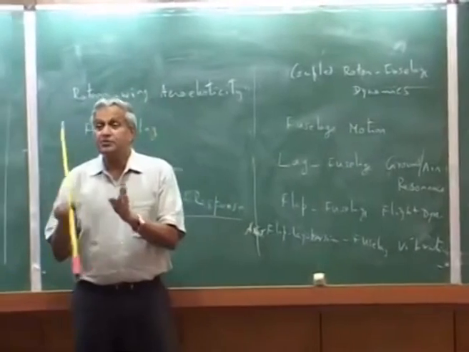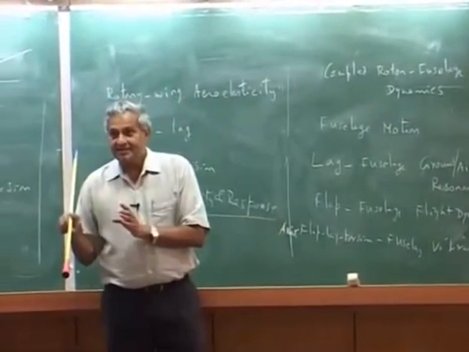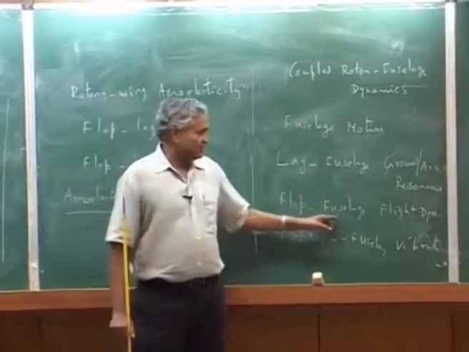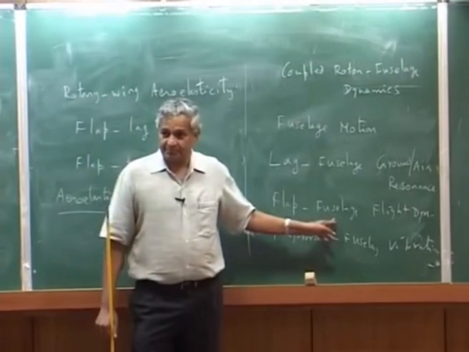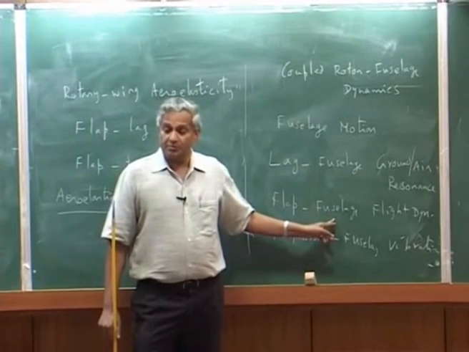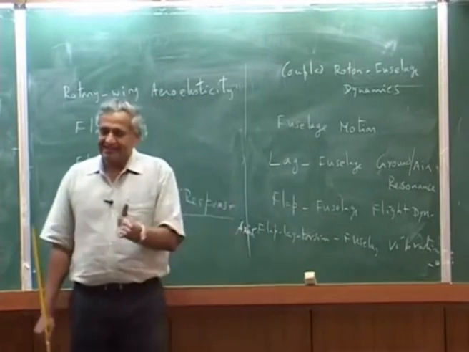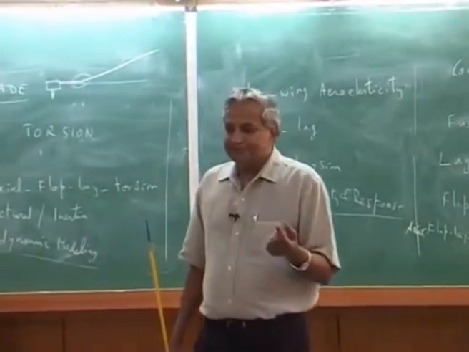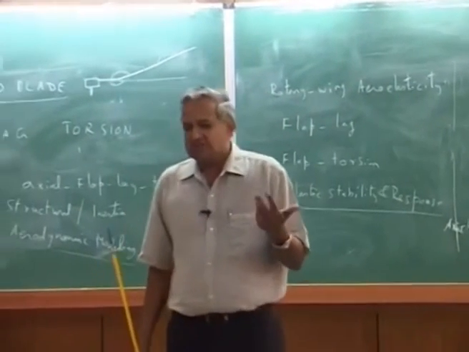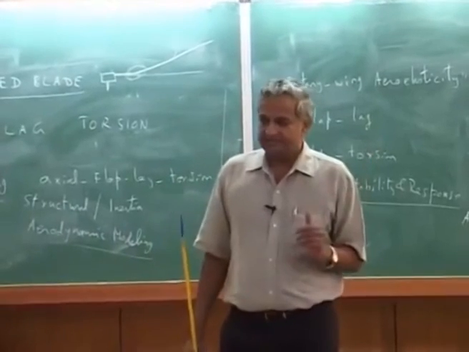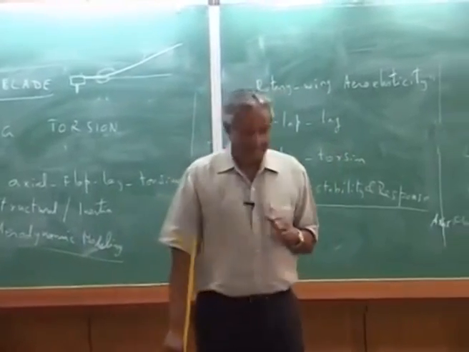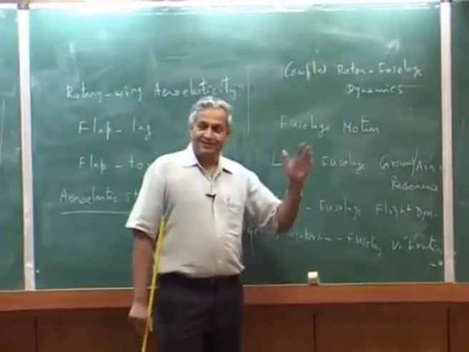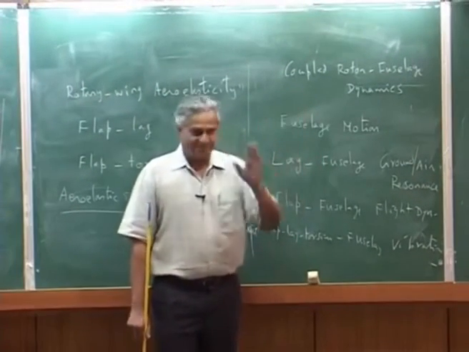Plus there is also one more. What is the frequency range you are interested in? Usually the rigid body dynamics frequency is low, in the sense it is less than 1, 2, or maybe at the most 3 hertz. Whereas this will be about 3, 5 hertz.